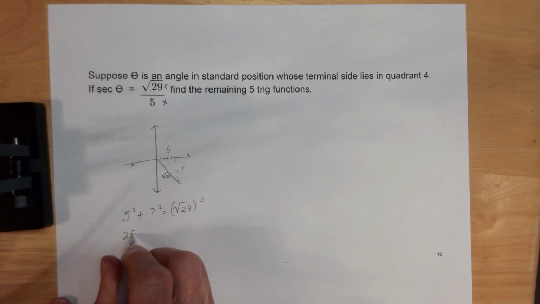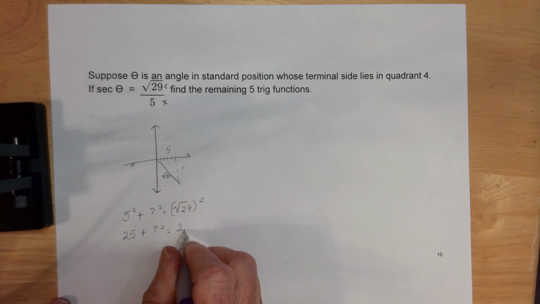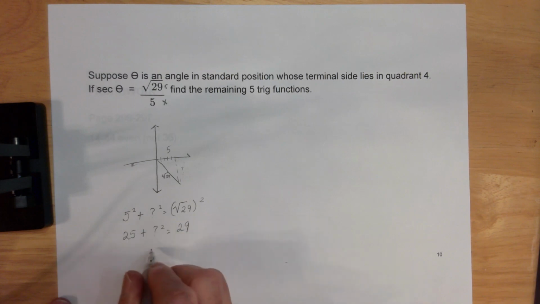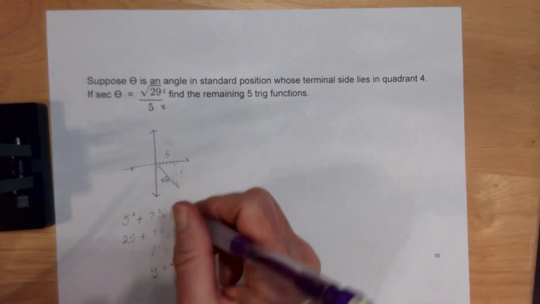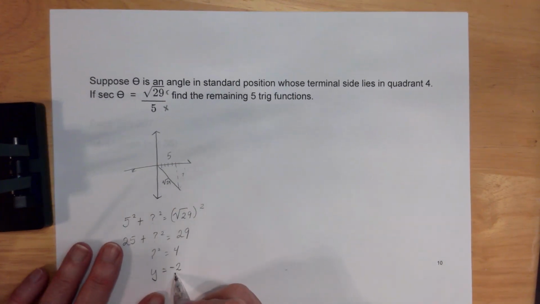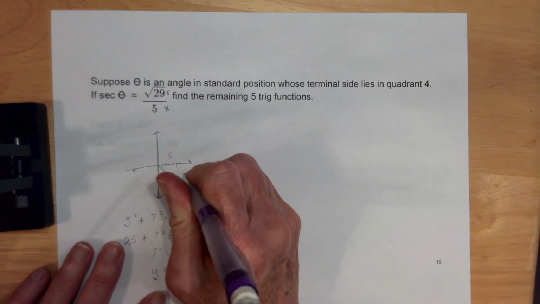So I have 25 plus question mark squared is equal to 29. Subtract the 25. So I have 4. So I know that the y value is equal to a negative 2, because remember, it's in the fourth quadrant. Square root of 4 is 2, but I know it's in the fourth quadrant.